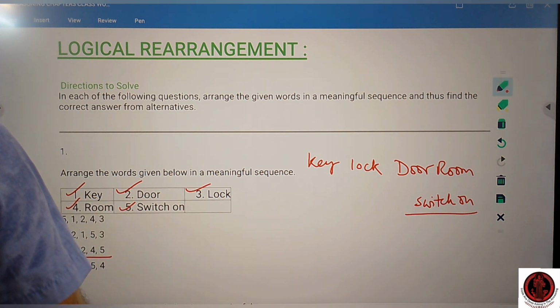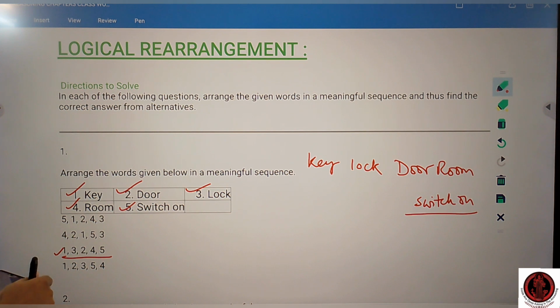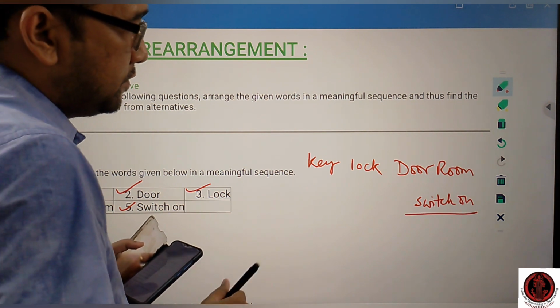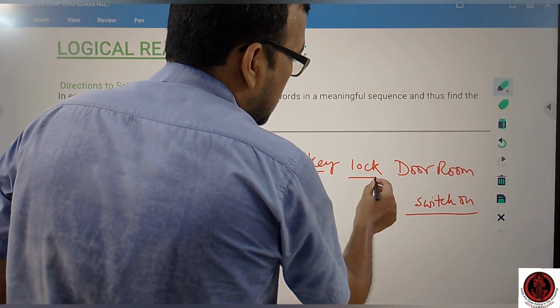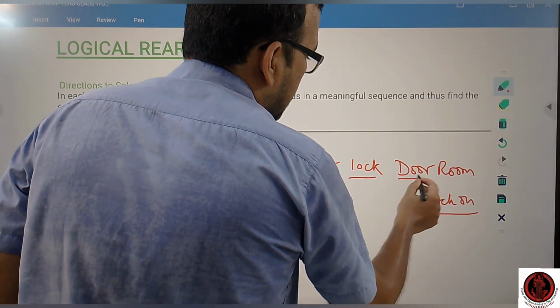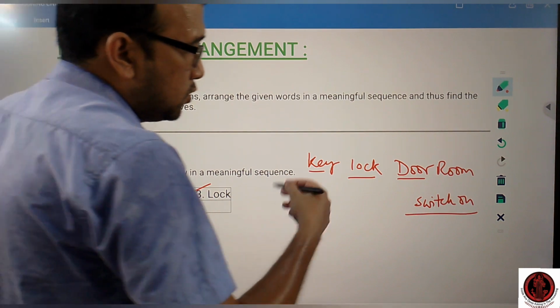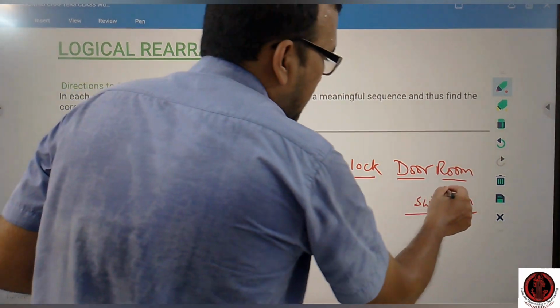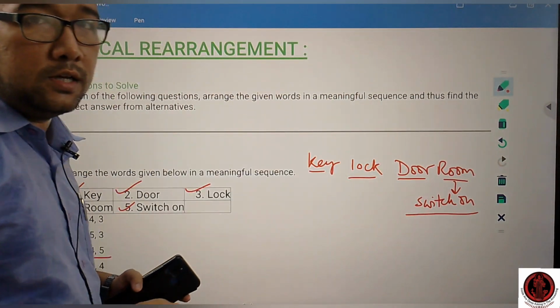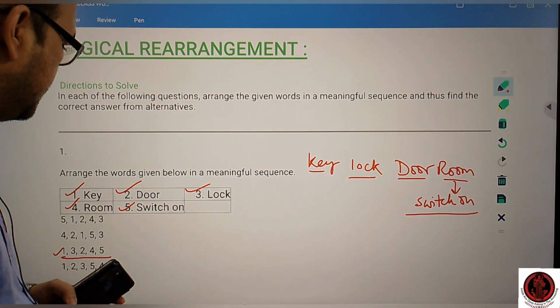So the answer is option C. Because first you use the key to open the lock. After opening the lock you can open the door. After opening the door you can enter into the room. After entering the room you can switch on the light or fan.